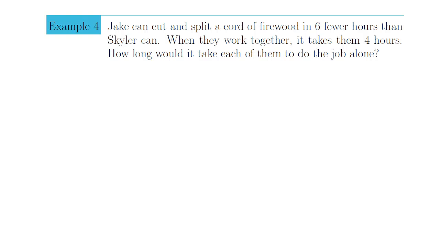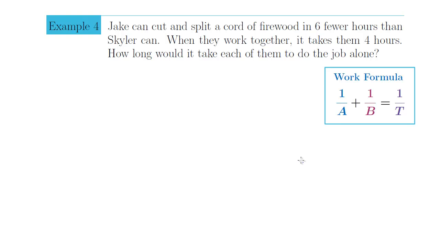All right, we should be getting really good at these work problems by now. First, we want to pull up our work formula. Our work formula states that 1 over a plus 1 over b equals 1 over t. Next, we want to identify our variables a, b, and t as they relate to the problem. A is going to represent the amount of time that it takes Jake to split the cord of firewood.